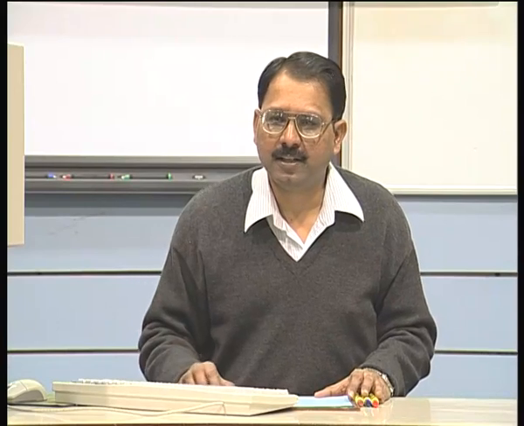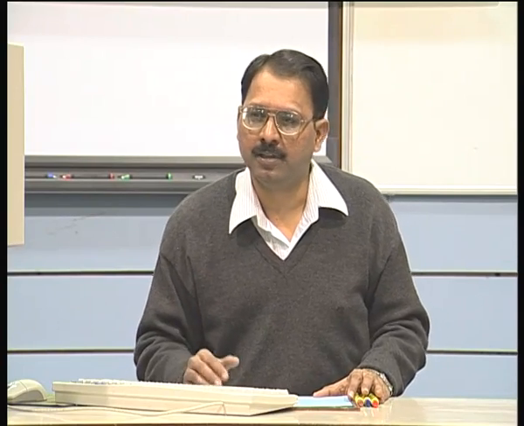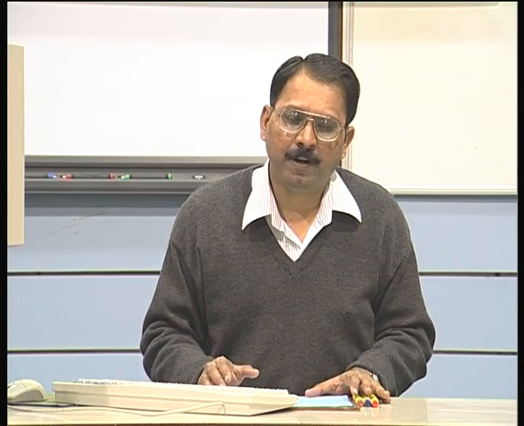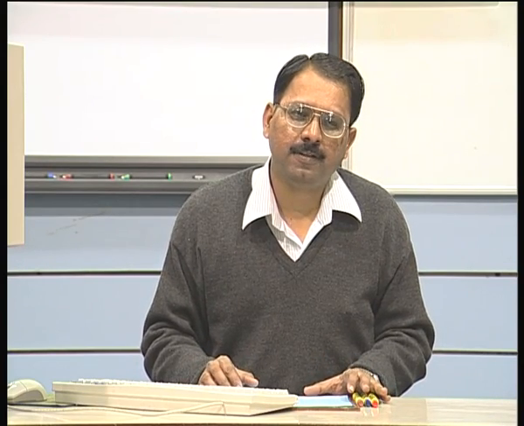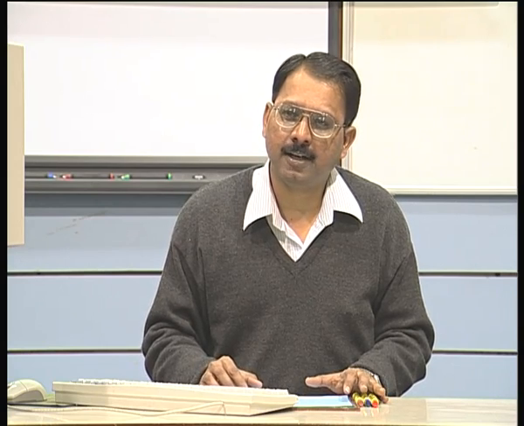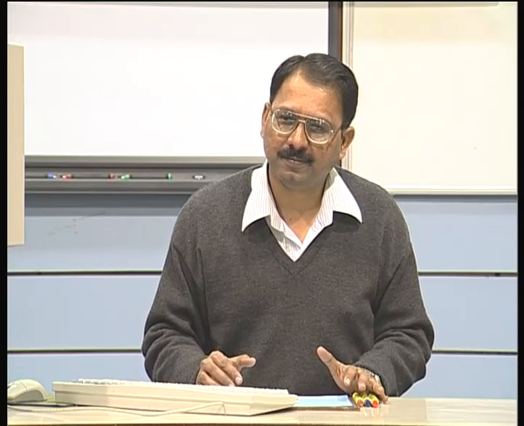Now, what is the beauty of this particular curve? We can see later that we have seen the example of approximating a circular arc using a Bezier curve, and it is not possible to do that.